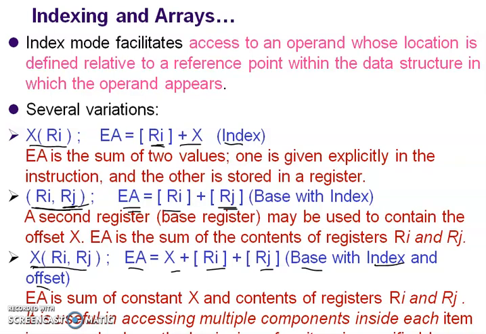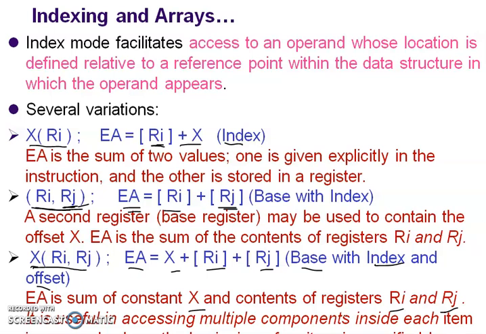So here also a base register plus a constant value x and the starting register value will be taken. The EA is the sum of the constant x and the content of registers Ri and Rj.